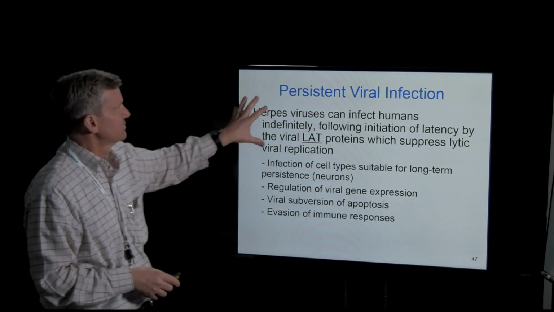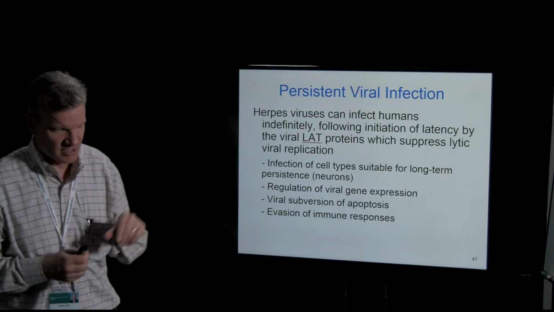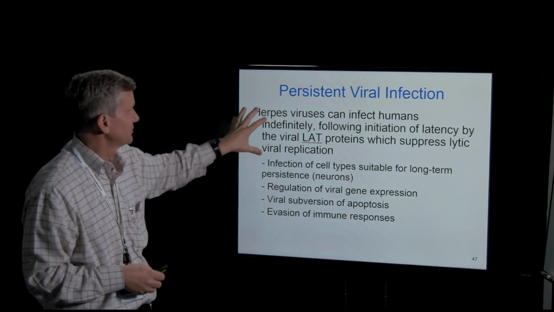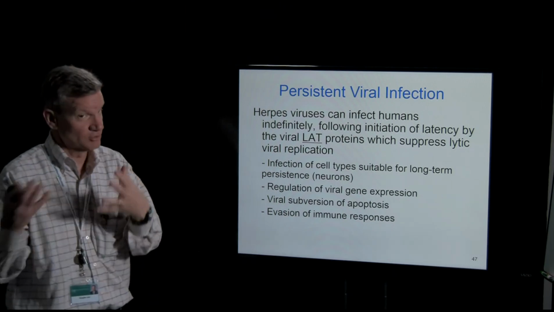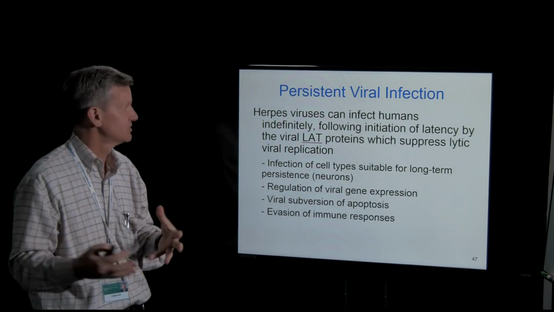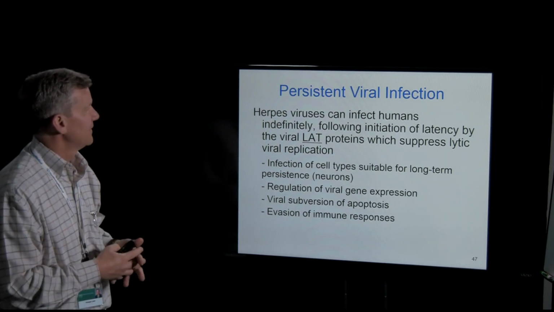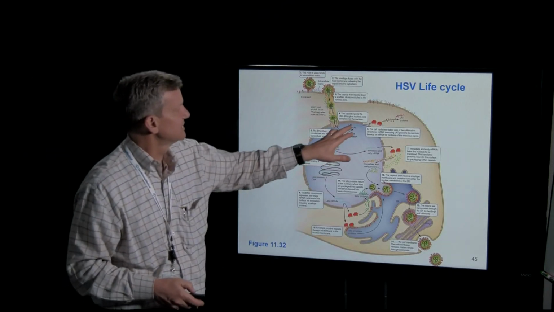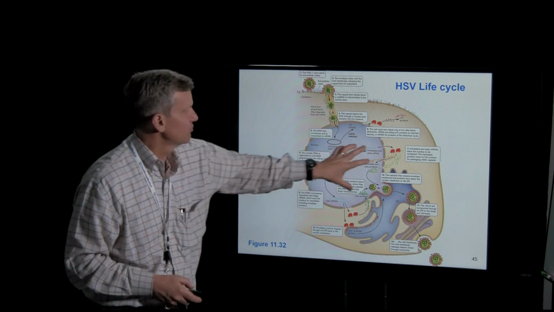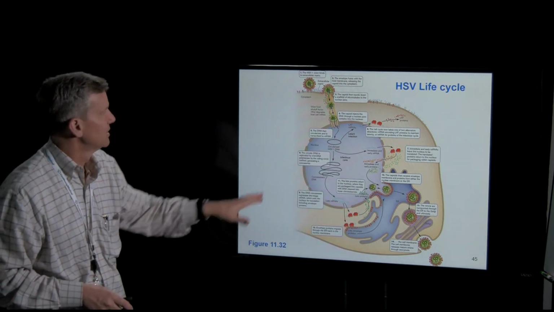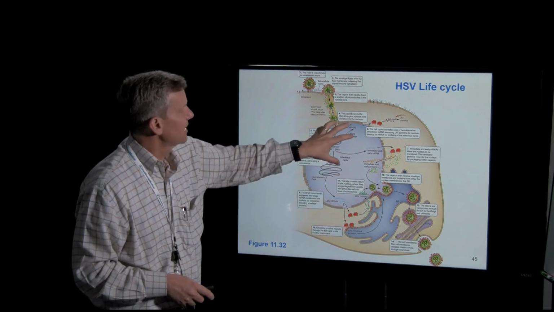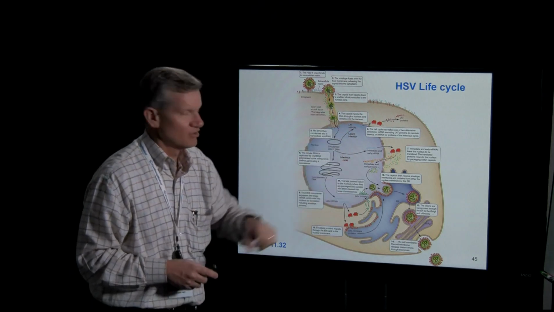So this deals with persistence in herpes virus infection. Herpes infects humans indefinitely, which means once you're infected with a herpes virus, you're always infected. One of the things I did not mention previously is this latent transcript. So we went through the lytic infection. Now, a latent transcript means we get a latent RNA, and that actually stops lytic replication.